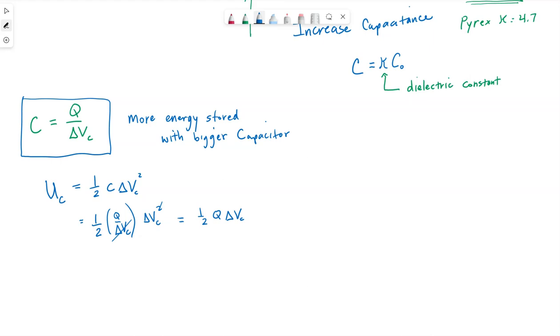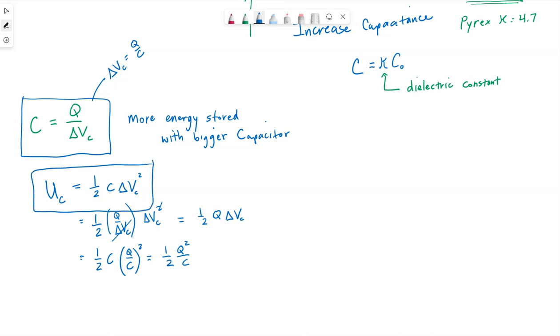But I could also substitute in place of delta V. If I manipulate that top equation up here, delta V would be Q over C. So if I put that in for delta V and square it, one of the C's will cancel in the denominator, and we can write the energy stored by a capacitor in terms of the charge on the plates and the capacitance. So we can write the energy in terms of any two of the three variables because they're related.